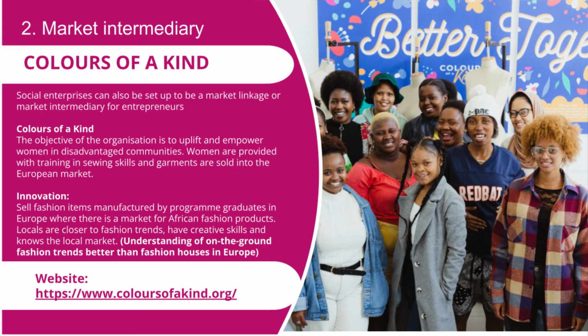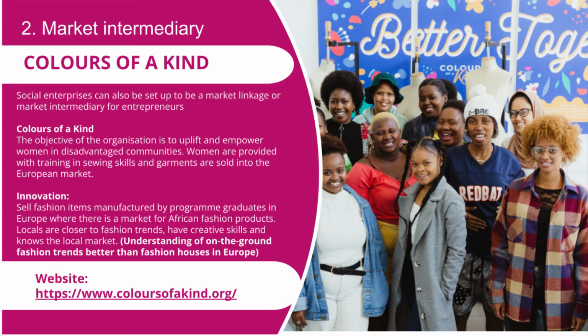The second model I'm going to quickly focus on is the market intermediary model that we see a lot as well in South Africa. So Colors of a Kind is a social enterprise on the ground in South Africa that focuses on empowering women in disadvantaged communities by providing sewing skills and garments and then selling it into the European market.